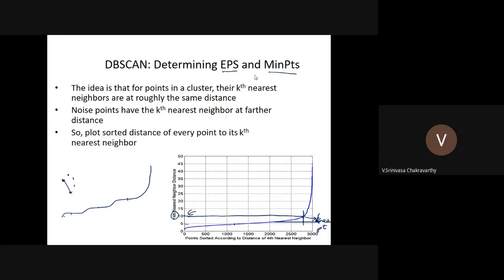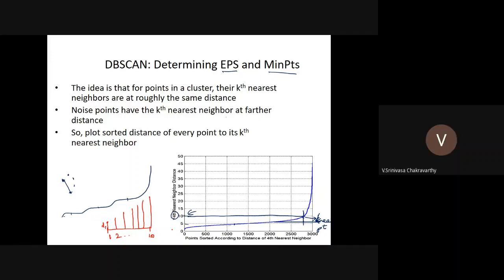Let us say I have just 10 points: 1, 2, 3, up to 10. For each point, there is a k nearest neighbor distance that I compute. So I'll call this D1. For 2, it is this. For 3, it is this. So I'm plotting it like a bar chart. It's not a continuous variable. It's just the point number in the data set. Understood now, sir. Got it. Thank you, sir.